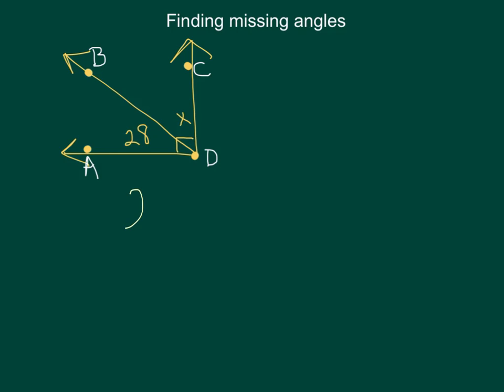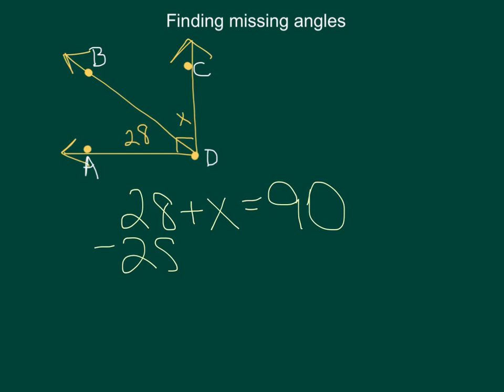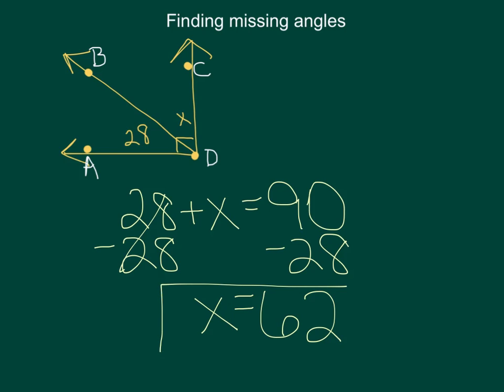So that means that 28 plus x equals 90 degrees. So you could subtract 28 from both sides, which would tell you that x would equal 62. So your missing degrees would be 62 degrees.